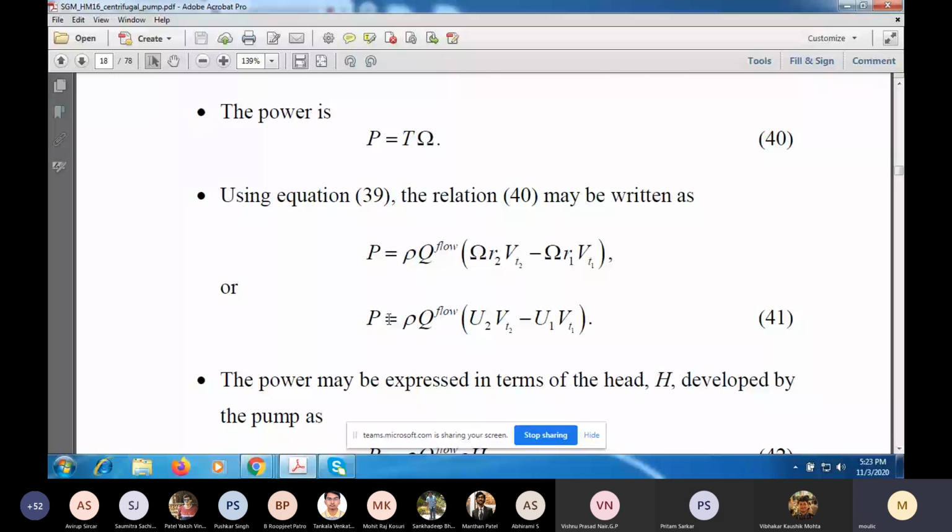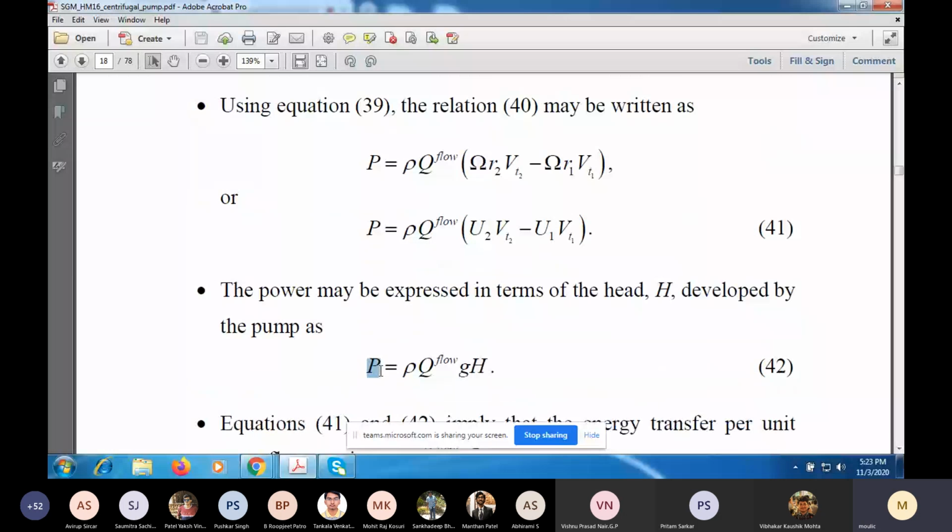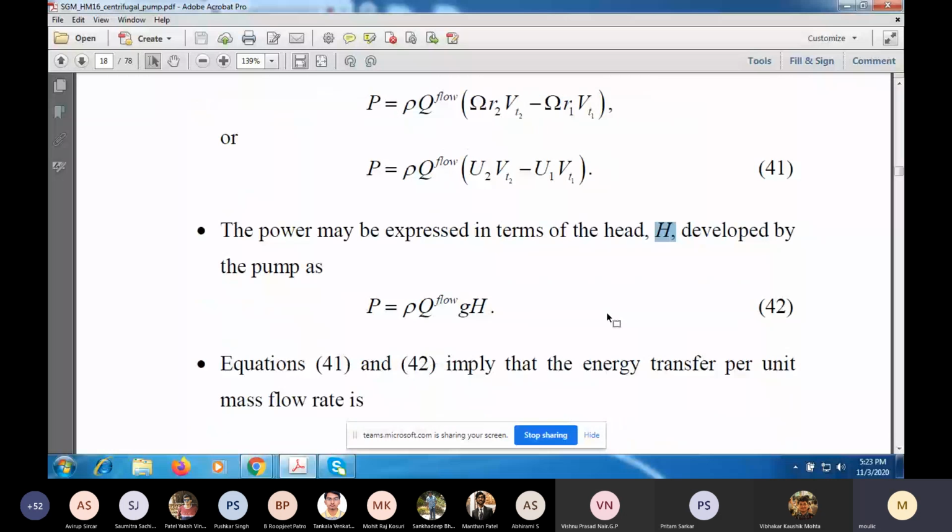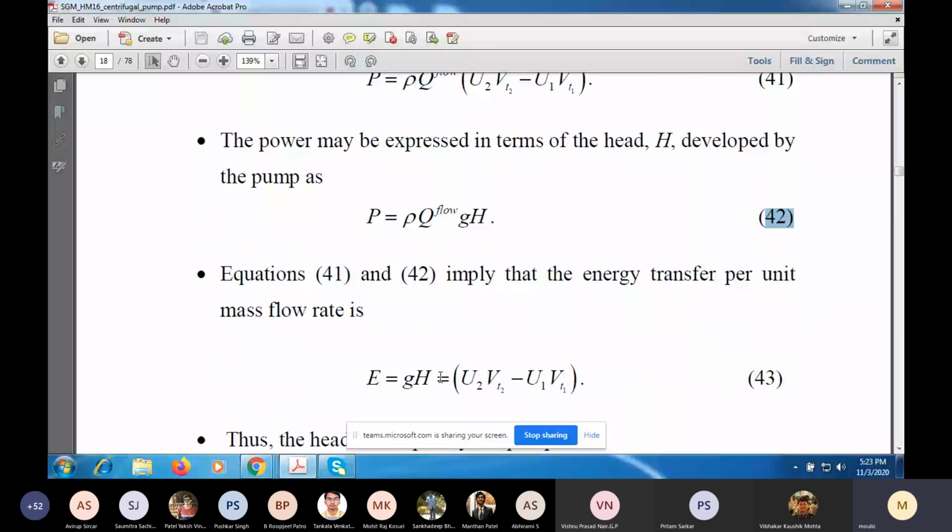But we have also shown using thermodynamic equations that power is rho Q g H, where H is the head developed by the pump. So if I look at equations 41 and 42, the rho Q is common. So you have gH equal to U2 Vt2 minus U1 Vt1.